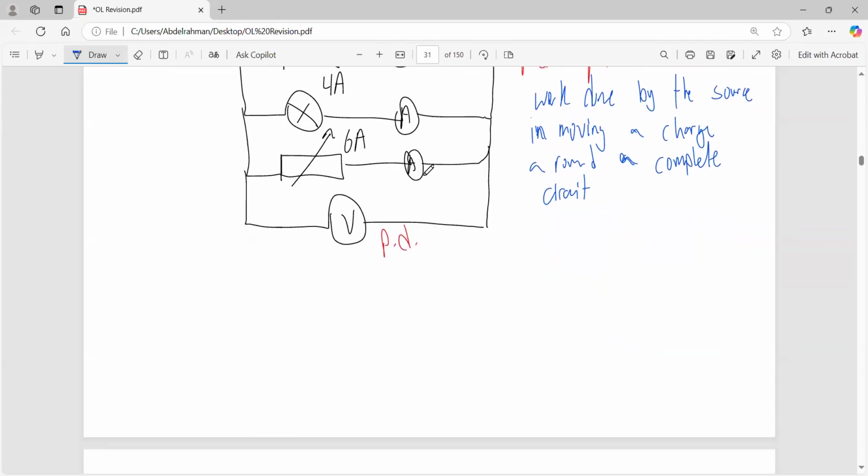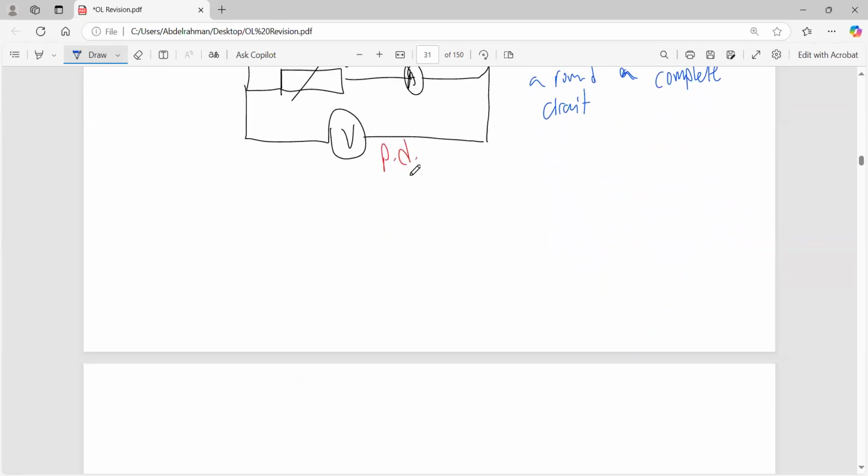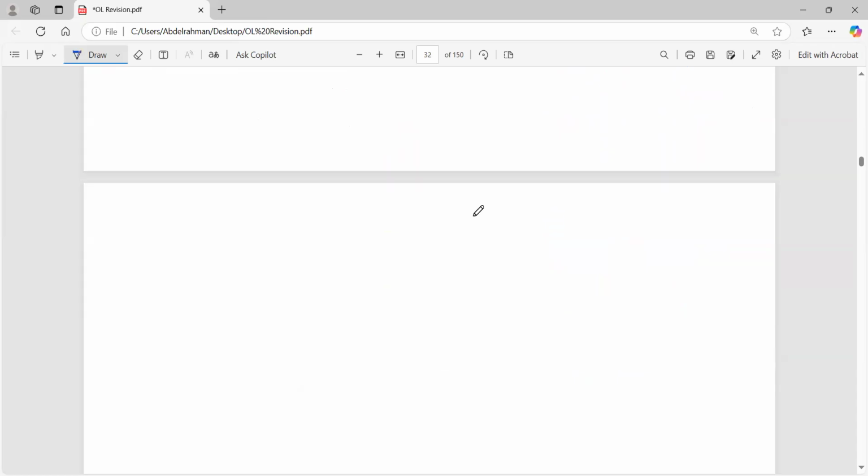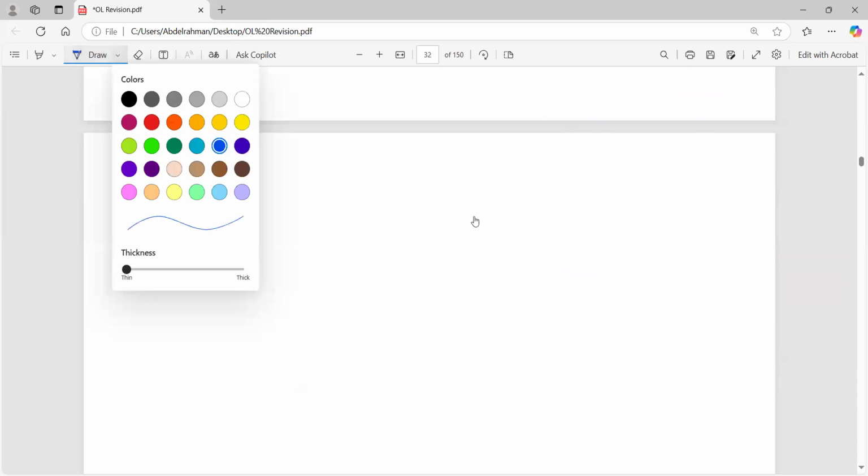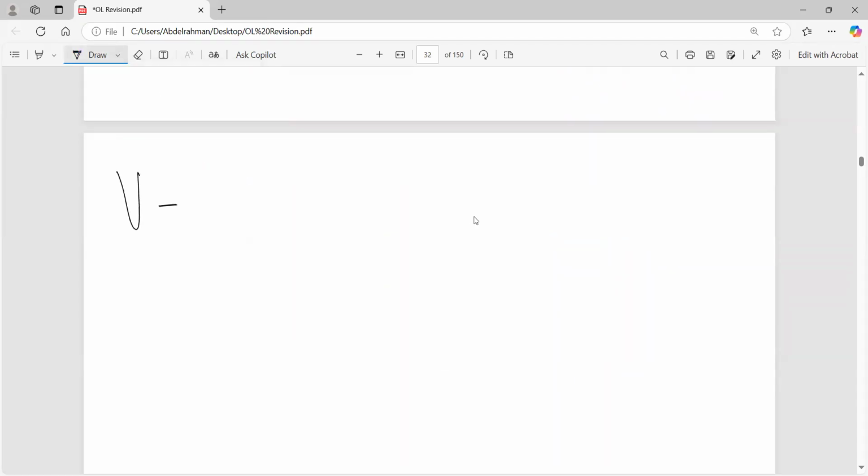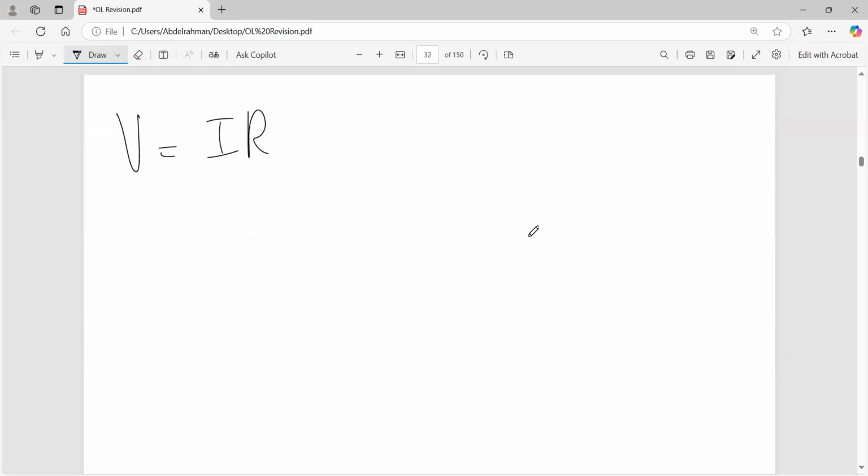And then we have a very famous equation which is V equals IR. This is the most famous equation that we will be using in almost any circuit questions. Then we have some other equations.